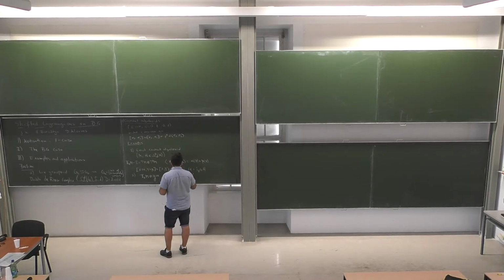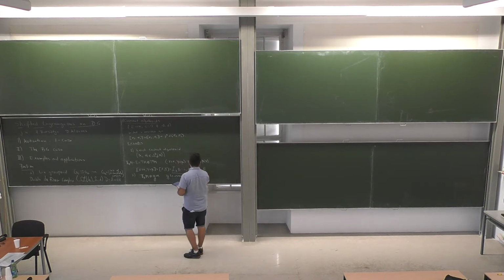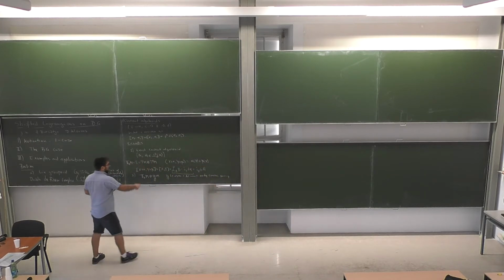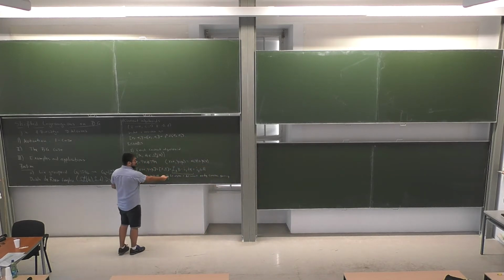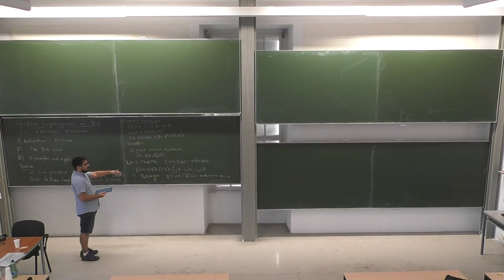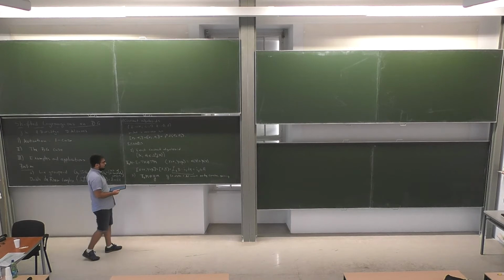So it's a Lie algebra plus an ad-invariant non-degenerate symmetric product. In other words, I need to think that this Lie algebra can be a Lie algebra endowed with a Killing form or something like that, or the Lie algebra of a compact Lie group. Those are examples of this.